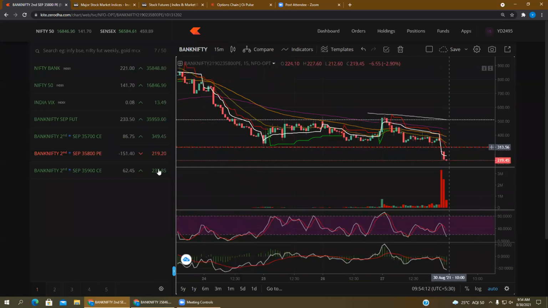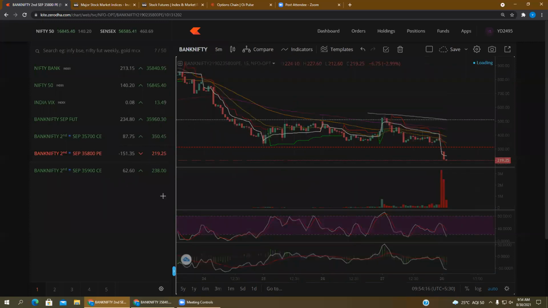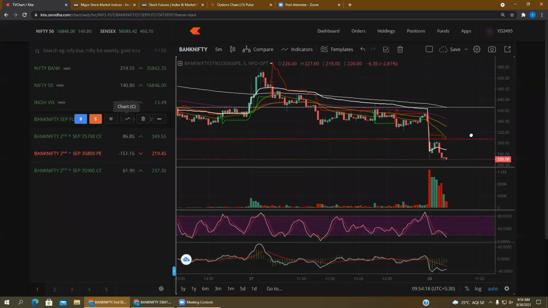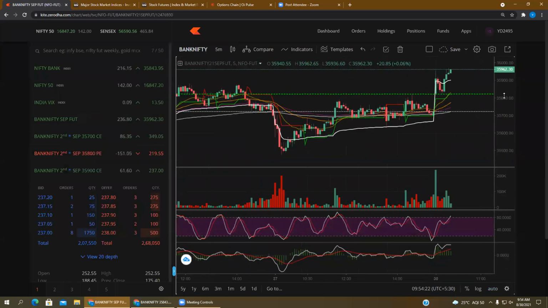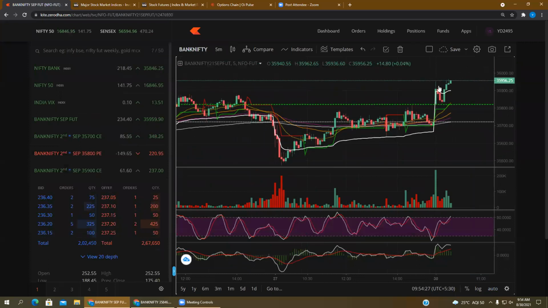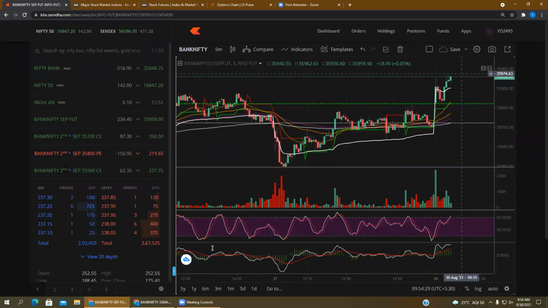Yes, it is. I'm looking at it. But it's very close, 35,900. 252. This candle is looking good. It needs to close above. So this candle is looking good. It needs to close above. Then I will be able to enter.